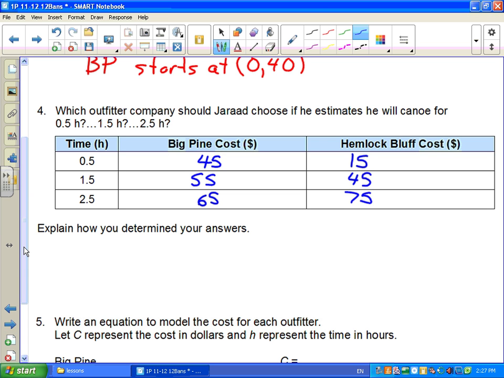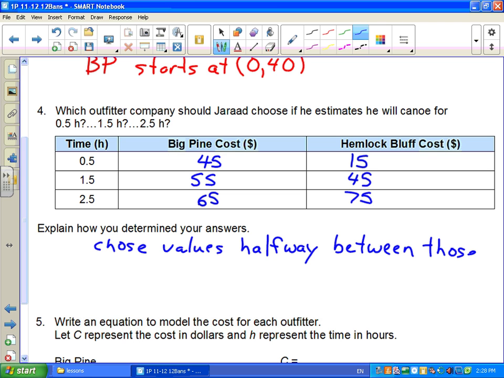So how did we determine our answers? We chose values halfway between those given in the table.